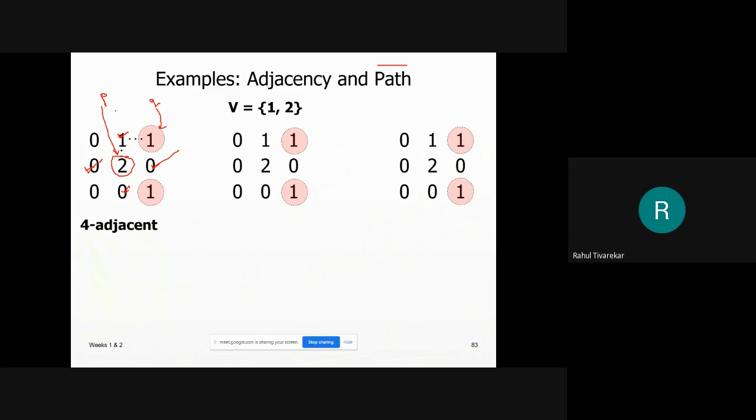Fourth neighbor means what? Vertical or horizontal neighbors. Fourth neighbor means vertical and horizontal neighbors. So is Q a fourth neighbor of P? Manjunath?